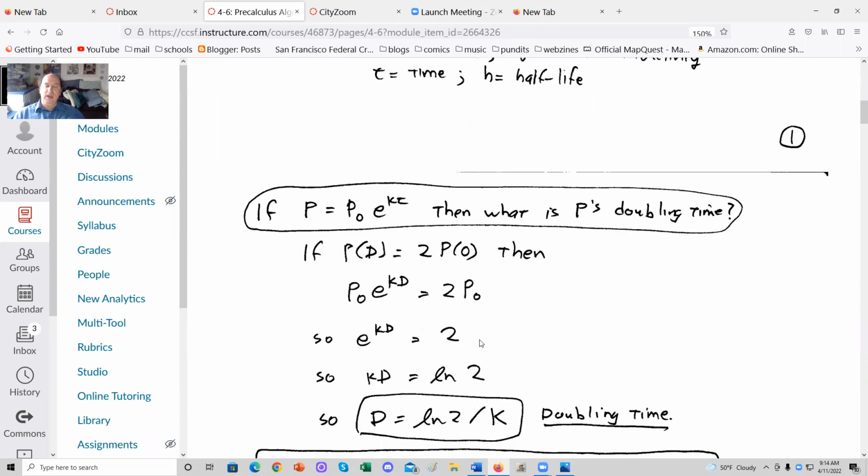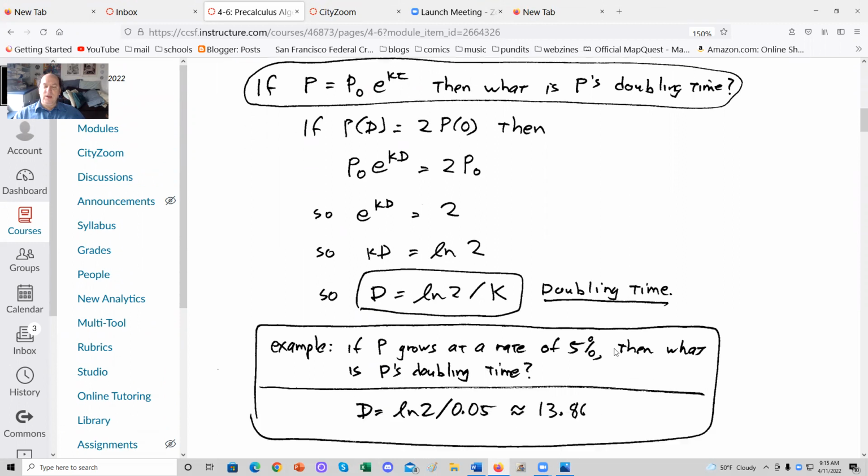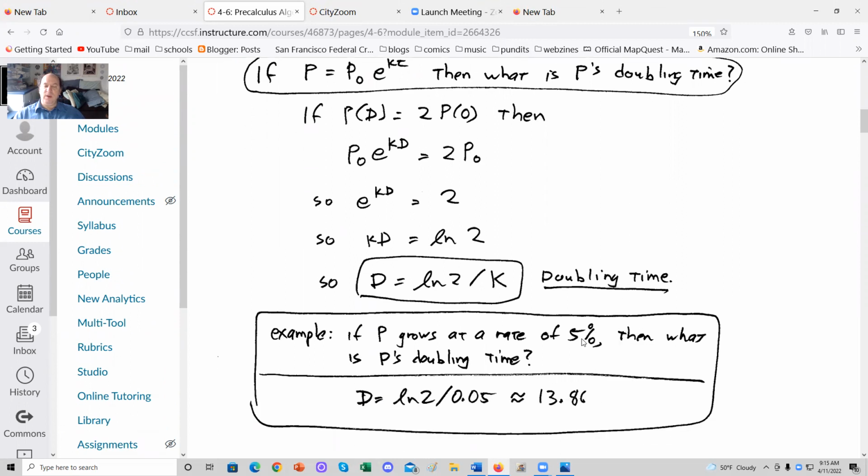So e to the KD equals 2, take a natural log, KD equals log 2. So doubling time D equals log 2 divided by K. For example, if P is growing at a rate of 5%, so K equals 0.05, then the doubling time is ln 2 over 0.05, which is 13.86.